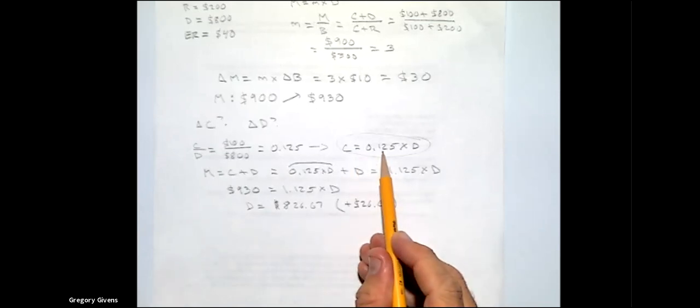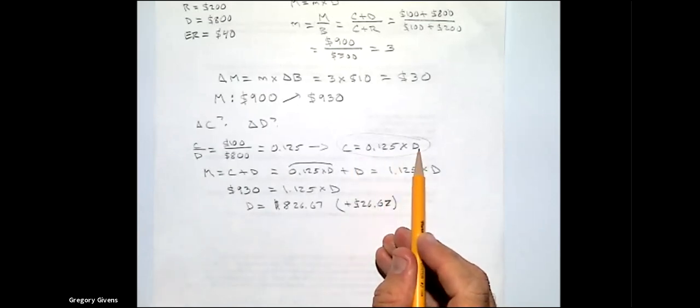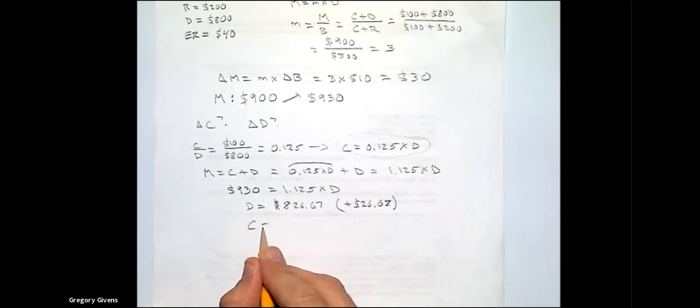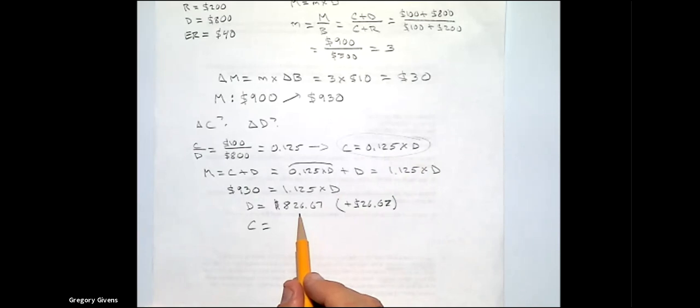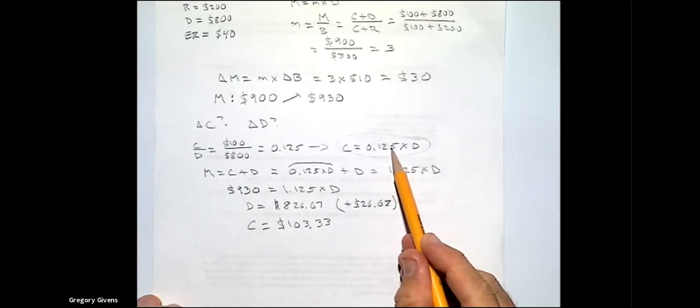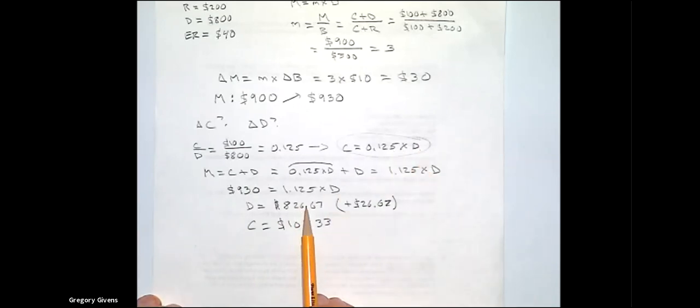What about currency? Well, that should be straightforward. Currency is just 0.125 times D. So currency is just 0.125 times 826.67, which I believe is $103.33 billion. Again, that's 0.125 times the new value of deposits.